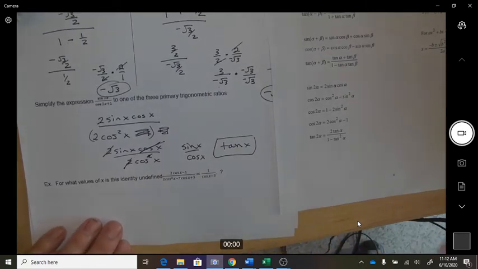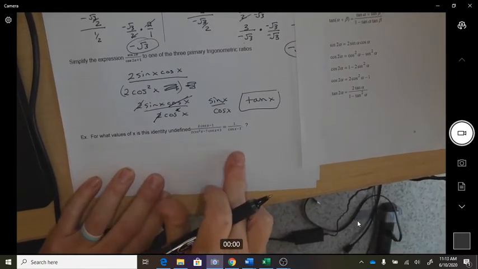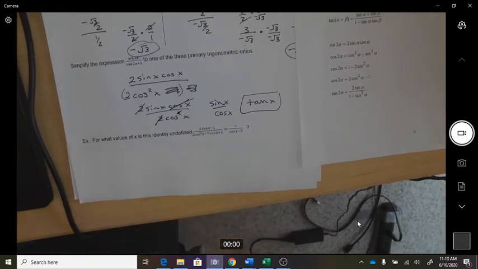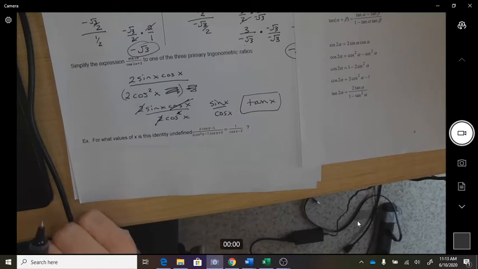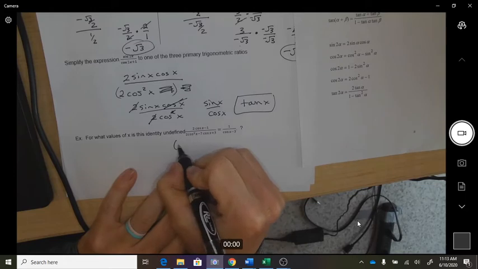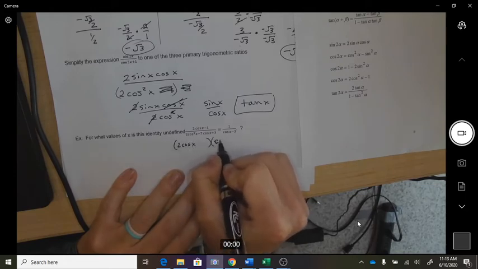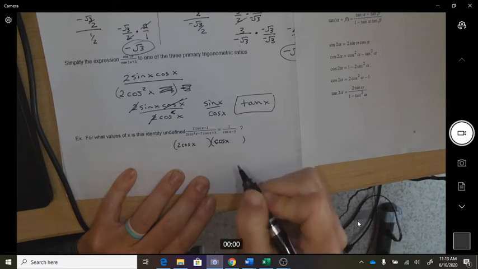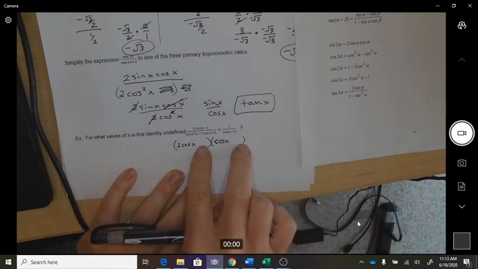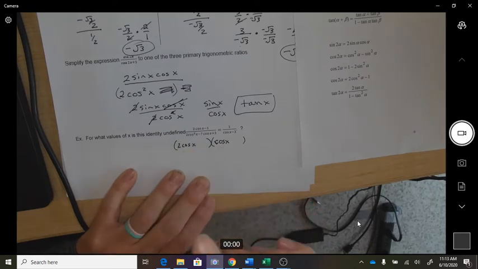Okay, next. So for what value of x is the identity undefined? So you can never have 0 on the bottom of a fraction because you can't divide by 0. So we're going to factor this one. So 2 cos x, and then those need to make 3, and I need to have my OI combo of my FOIL make us negative 7.